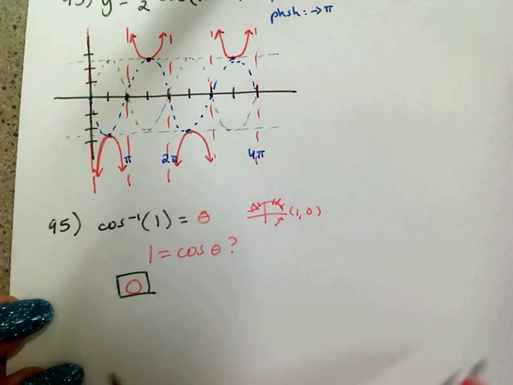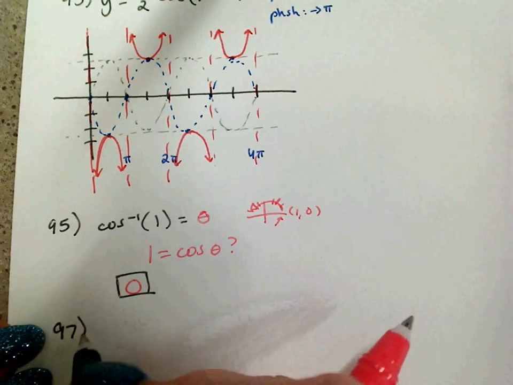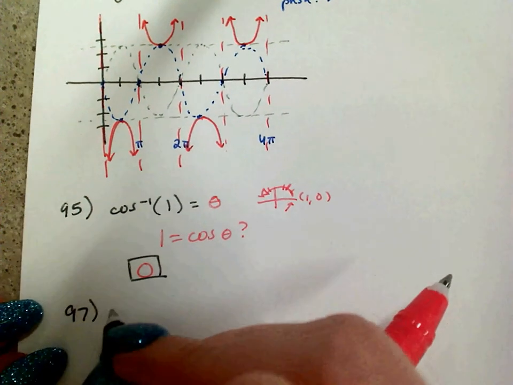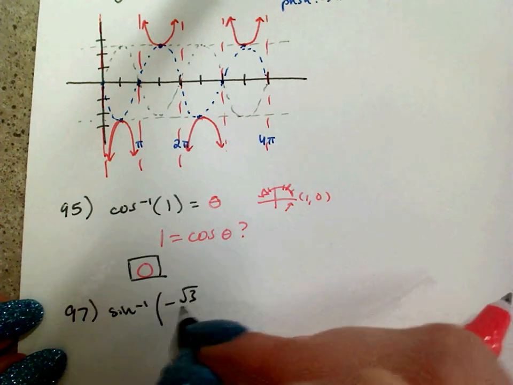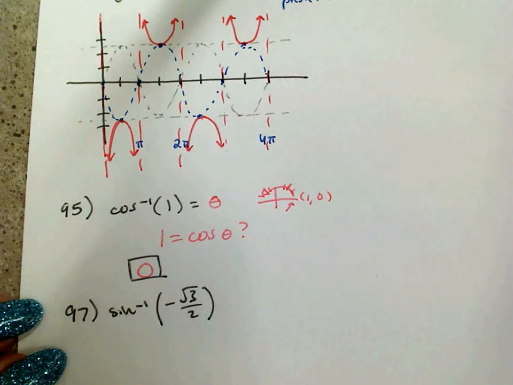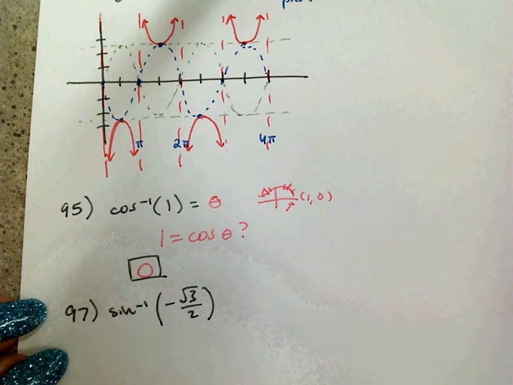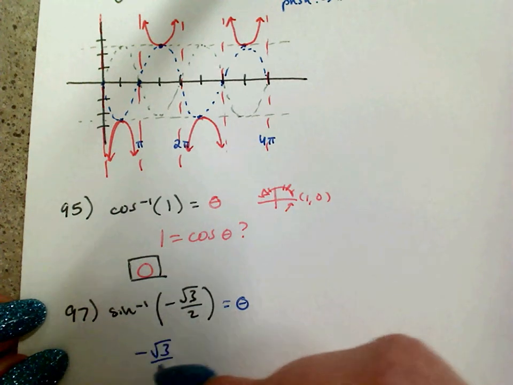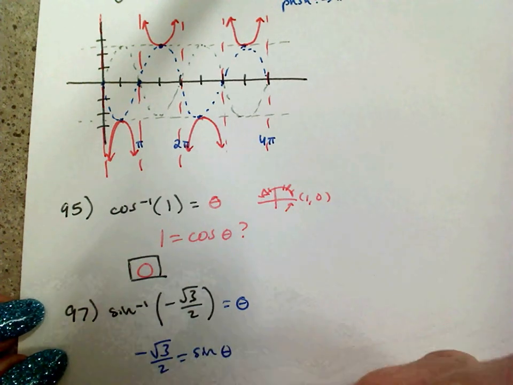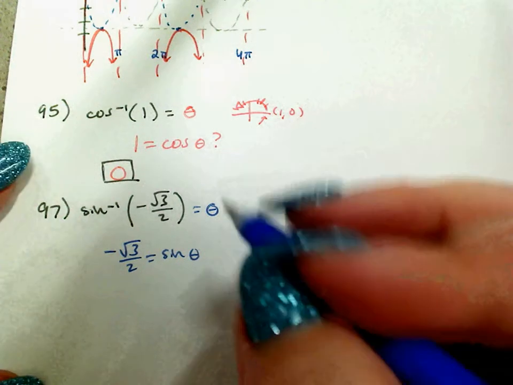97. Sine inverse of negative square root of 3 over 2. So sine inverse equals theta. The question is negative square root of 3 over 2 is sine of what angle? And sine inverse only exists from negative pi over 2 to pi over 2.